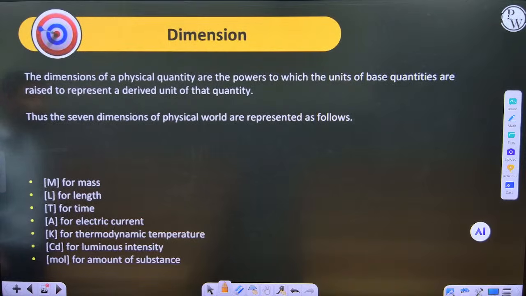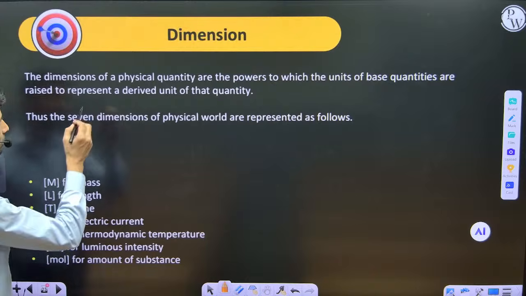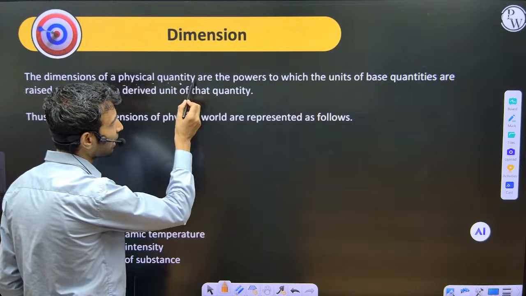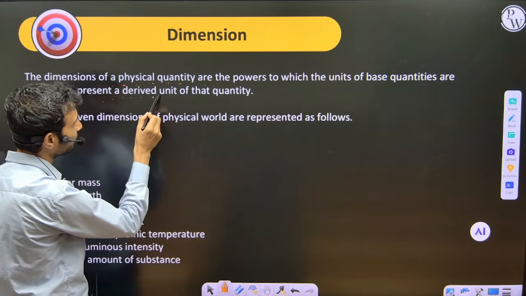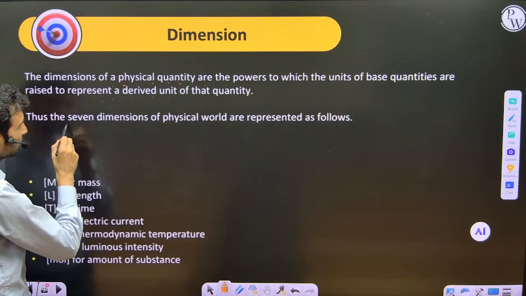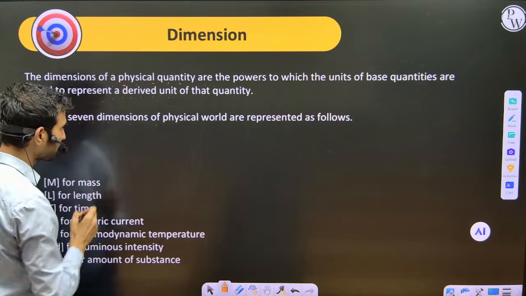Now we come to dimensions. Let us see what dimensions are. Dimensions of a physical quantity are the powers to which base quantities are raised to represent the derived unit of that quantity. There are 7 dimensions of physical quantities.